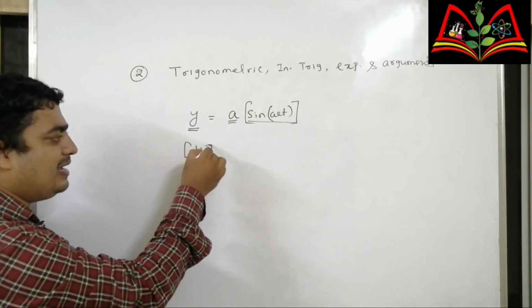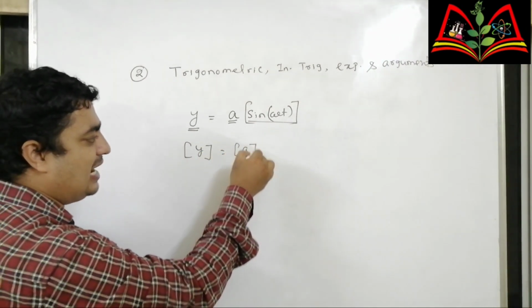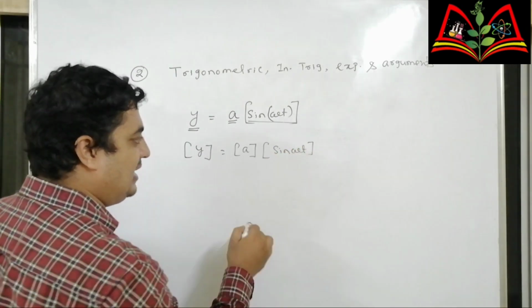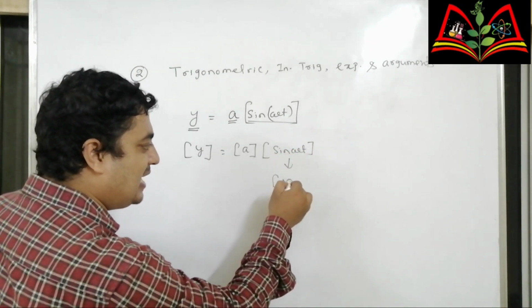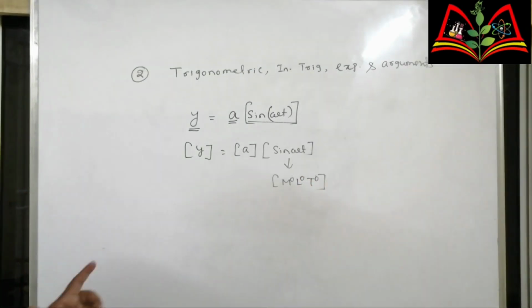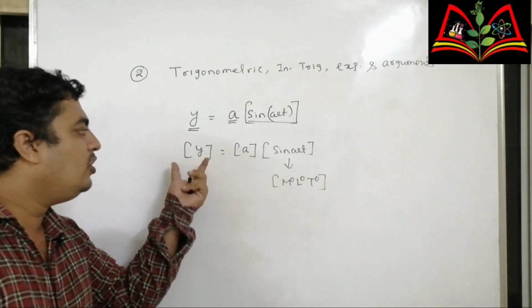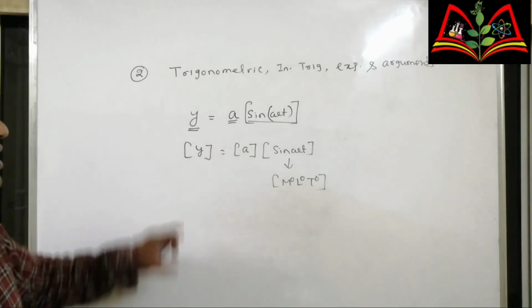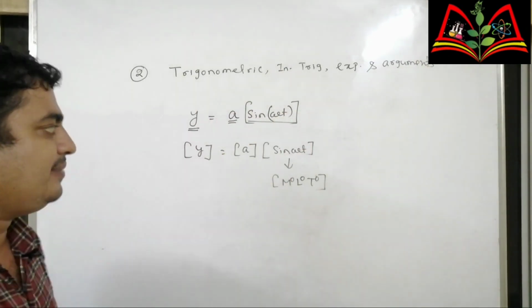So dimension of y equal to dimension of a into dimension of sin omega t. Dimension of sin omega t is m to the power 0, l to the power 0, t to the power 0. So dimension of y is same as dimension of a. So this equation is correct.